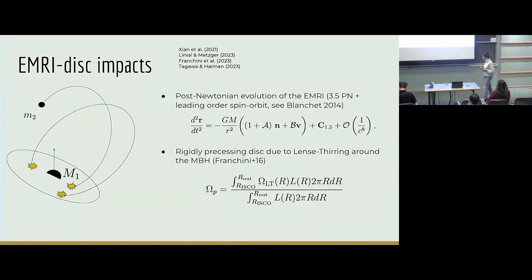So the EMRI disk impact model was initially proposed by Shen et al. in 2021. They assume that the disk is an AGN disk, though, and I think that the mechanism that they proposed for the emission was related to shocks in the disk by the companion.